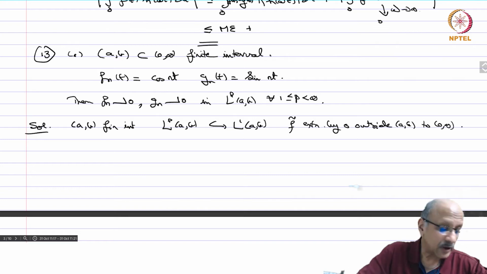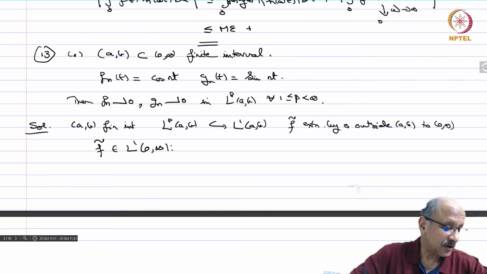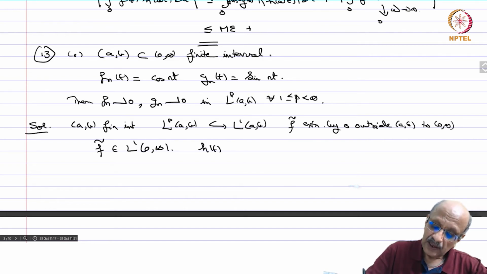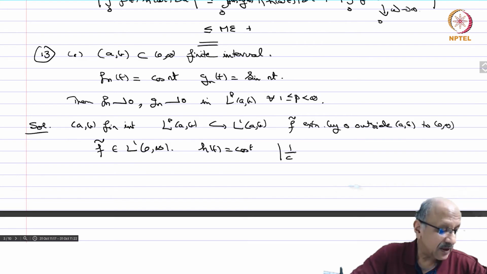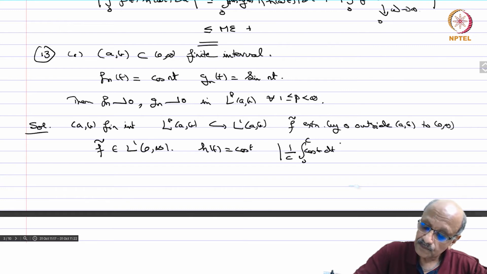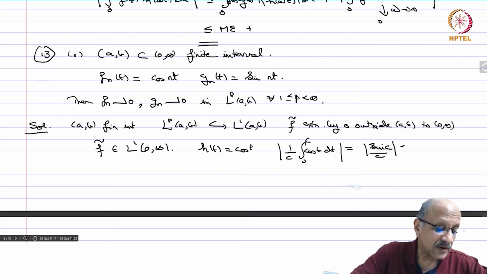Then f tilde belongs to L1 of 0 infinity. If you take h of t equal to cos t, then what is the modulus of 1 by c times the integral from 0 to c of cos t dt? This is nothing but mod sin c by c, which is less than or equal to 1 by mod c, and that tends to 0 as c tends to infinity.